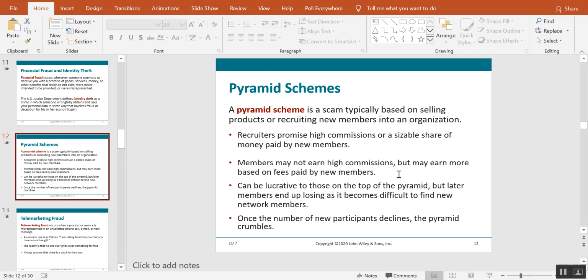The people who come last don't really earn anything. This is very lucrative to those who are at the top of the pyramid, like they say here. But if you're coming in later, most people are not going to have that kind of financial success. Also, once you wind up saturating the market, this pyramid scheme will collapse.